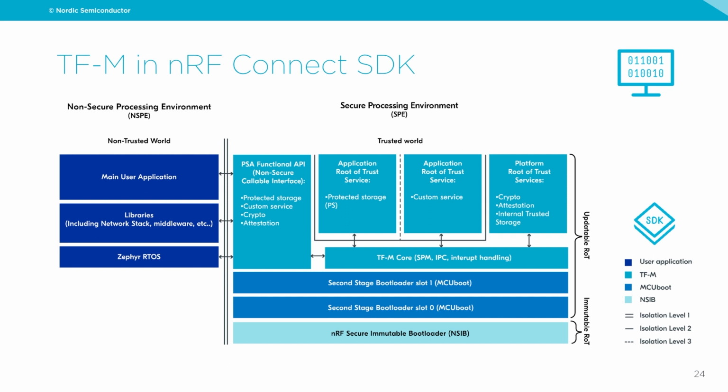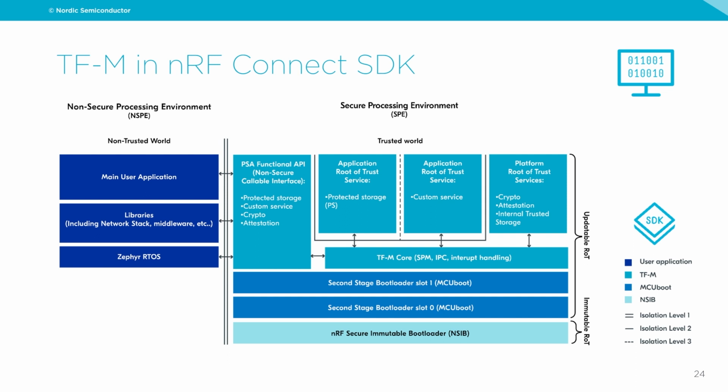The main user application and libraries, which include network stacks, middleware, as well as the Zephyr RTOS, are seen under the non-secure processing environment, which represents the functional application firmware as we normally know it. Then we have the Trusted Firmware-M and bootloader components seen under the secure processing environment. These are isolated from the non-secure processing environment and implement security critical functionality.